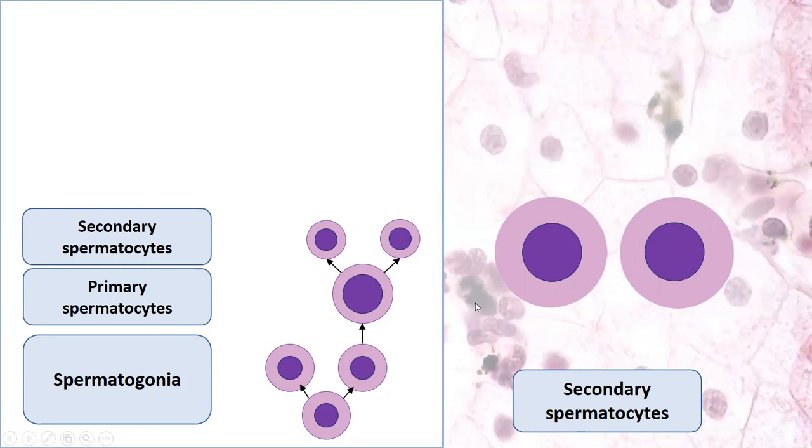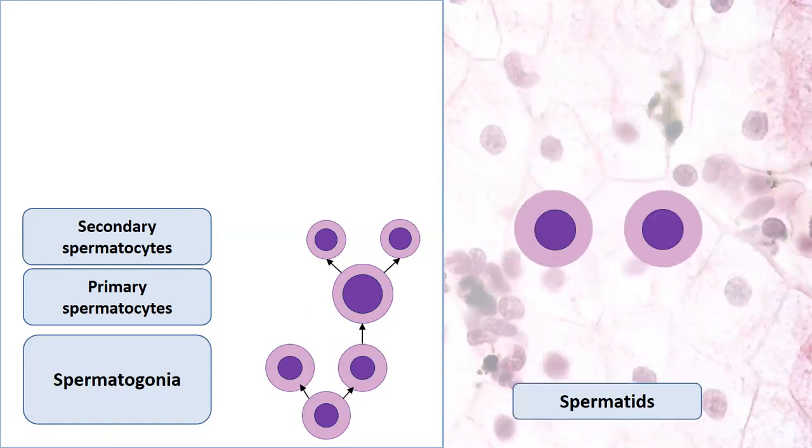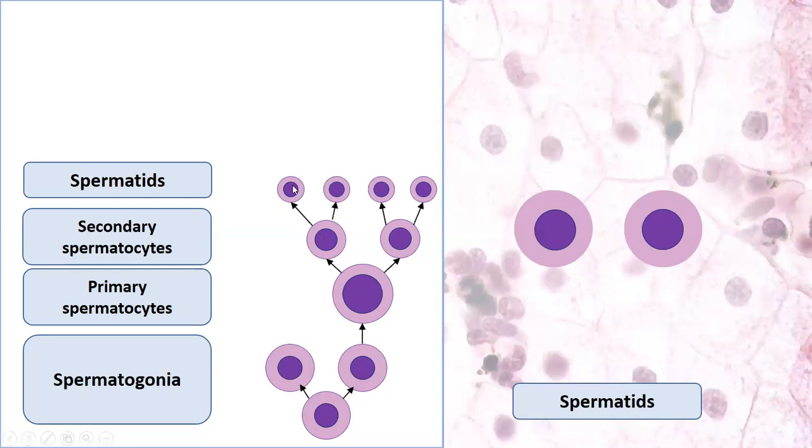After that, each secondary spermatocyte enters the second meiotic division. It's also easy to remember. After this division, each secondary spermatocyte is divided into two cells, which are called spermatids. Here we can see spermatids. So as a result, one primary spermatocyte gives rise to two secondary spermatocytes and four spermatids.